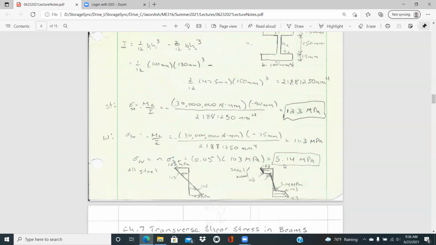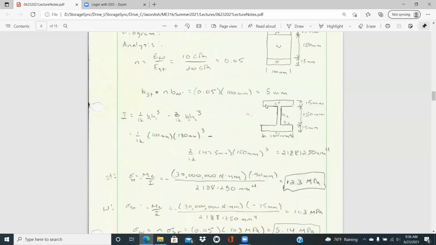And so the distribution in stress then is 123 at the top and bottom of the I-beam, essentially, of the sandwich structure. And then it drops down in a linear fashion to 103 megapascals. That is just in the steel portion just above the web.